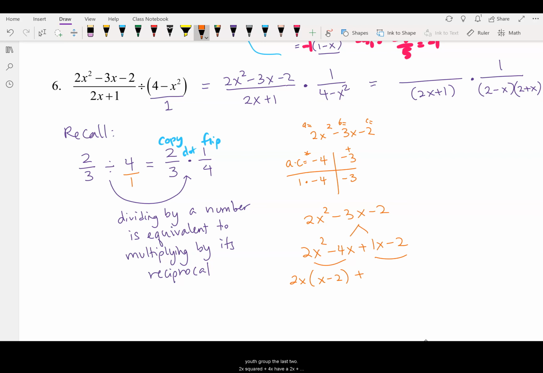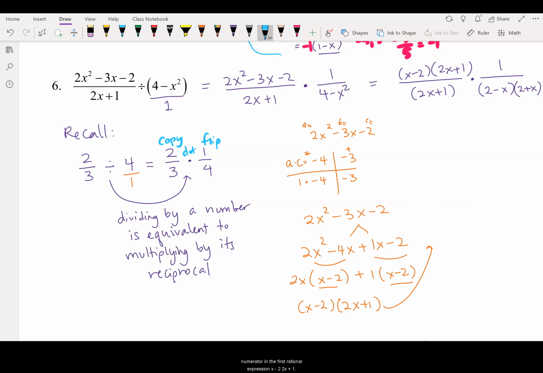Plus sign comes down. 1x minus 2 has a 1 in common, x minus 2. Common factor of x minus 2 comes out, and then 2x plus 1 left over. I can put that up in my numerator in the first rational expression, x minus 2, 2x plus 1.